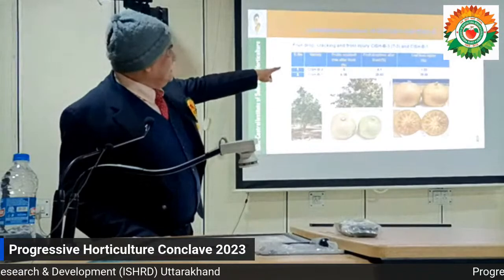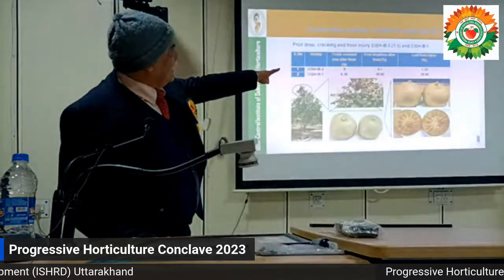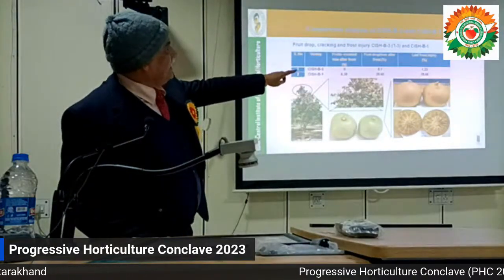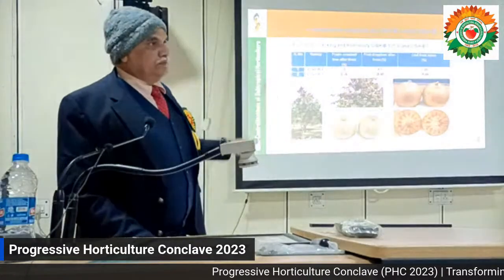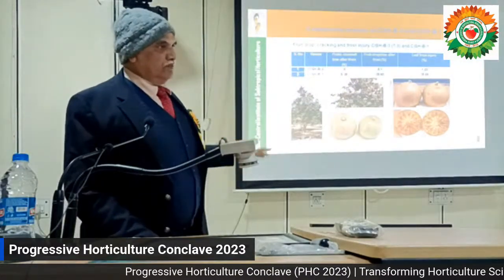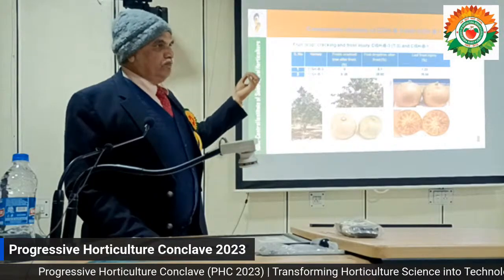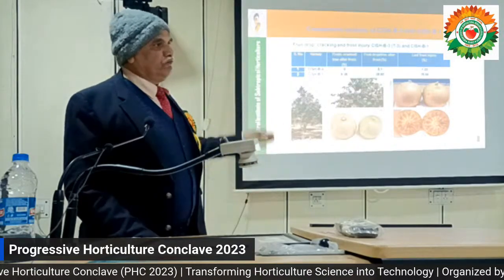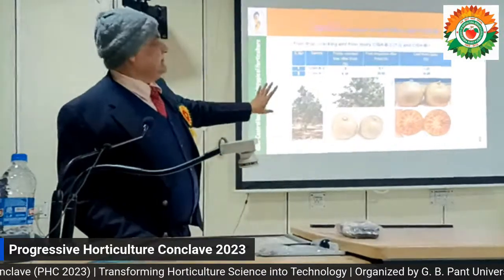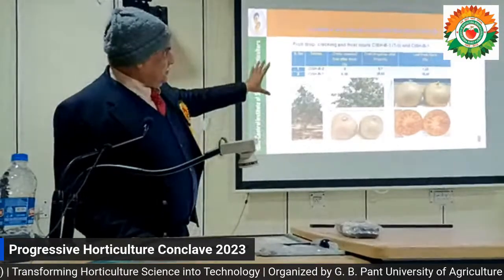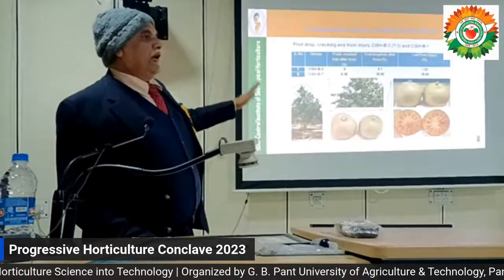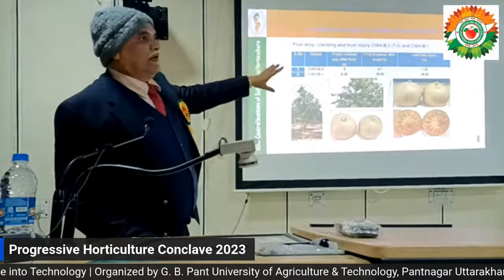Only B3 is tolerant to fruit cracking, with less fruit drop and less frost injury. In bael, generally during the winter season there is a lot of leaf injury, leaves drop down and fruit also drops down. So this variety is a little bit tolerant.